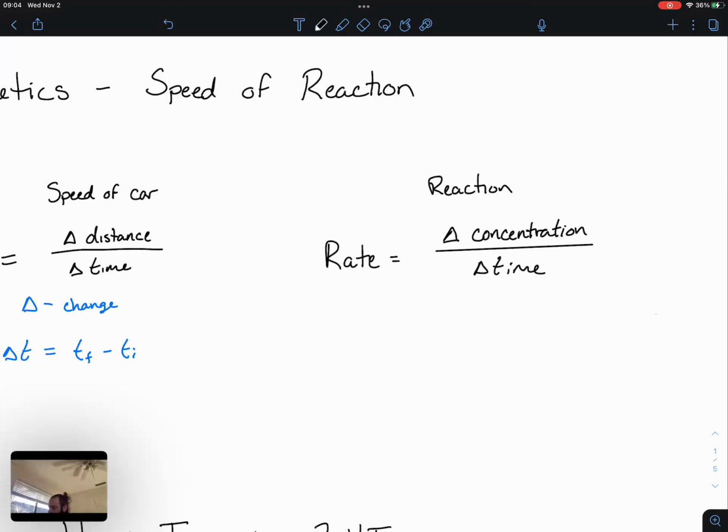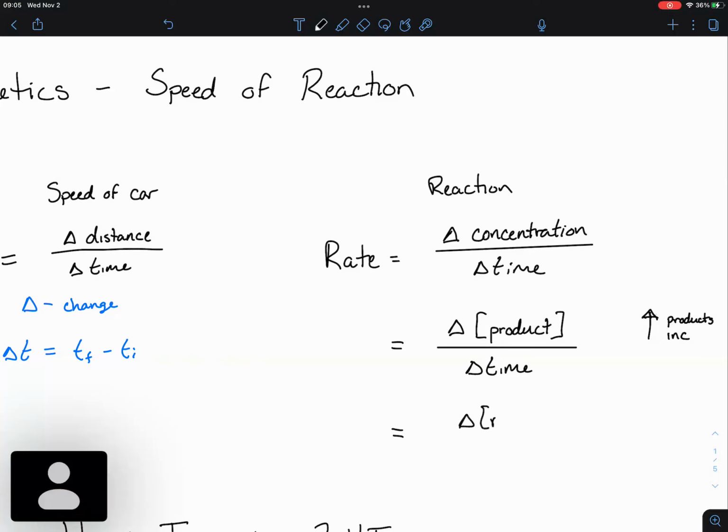We can figure out the rate of a reaction by measuring the amount of product that's produced in a reaction, so the change in the product's concentration over time. Products increase in concentration throughout the course of a reaction. Or we can get the exact same rate by measuring the change in the reactant concentration.